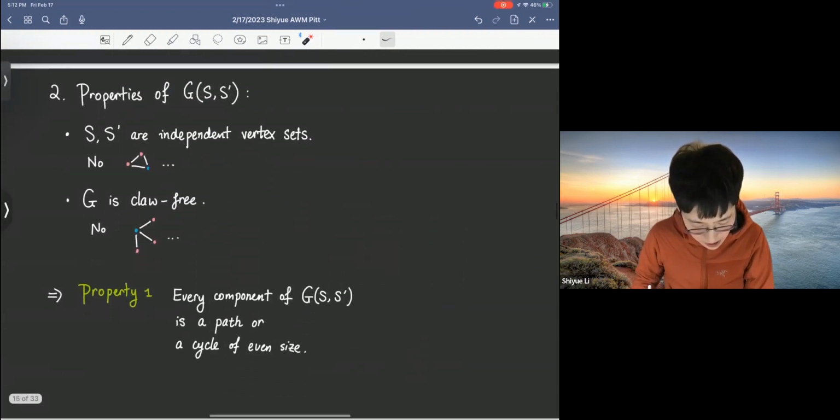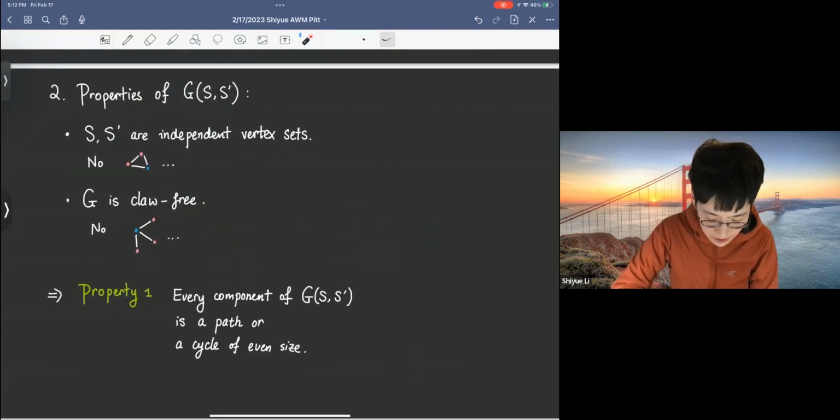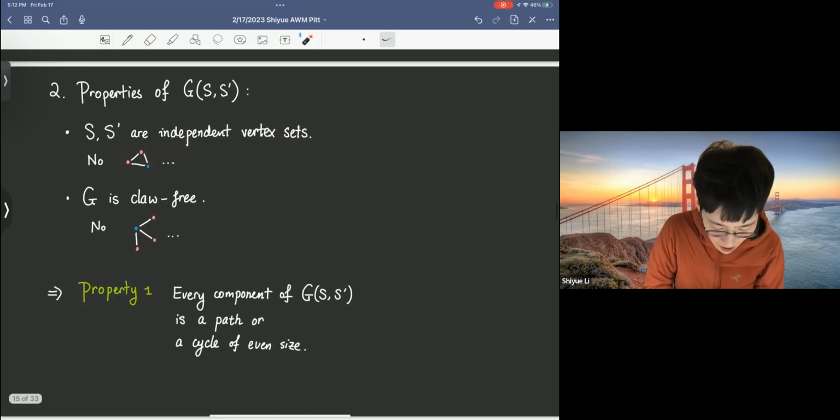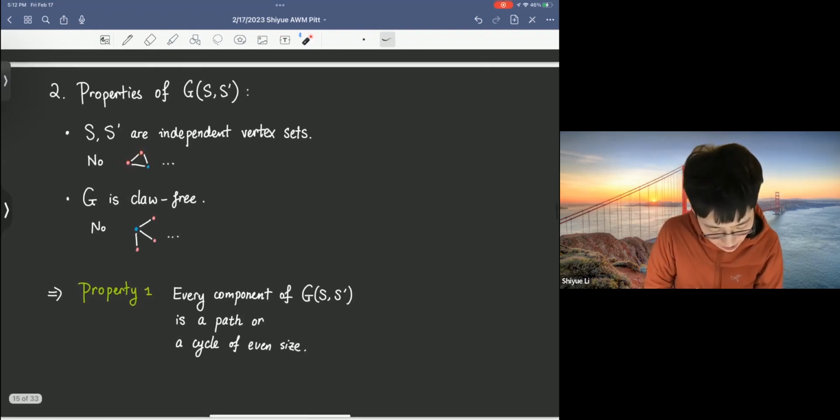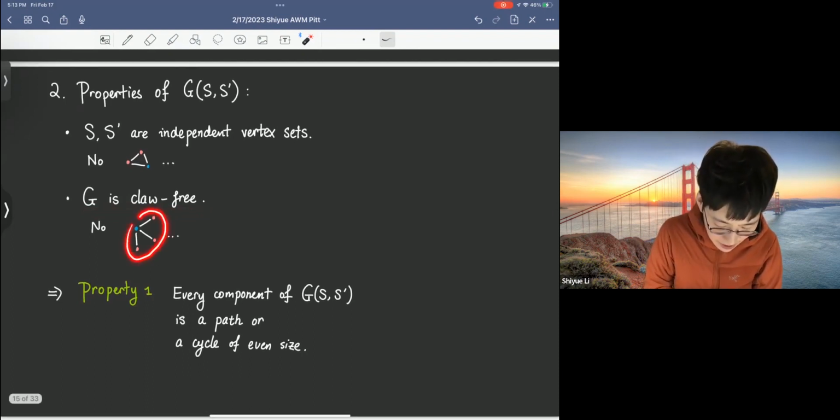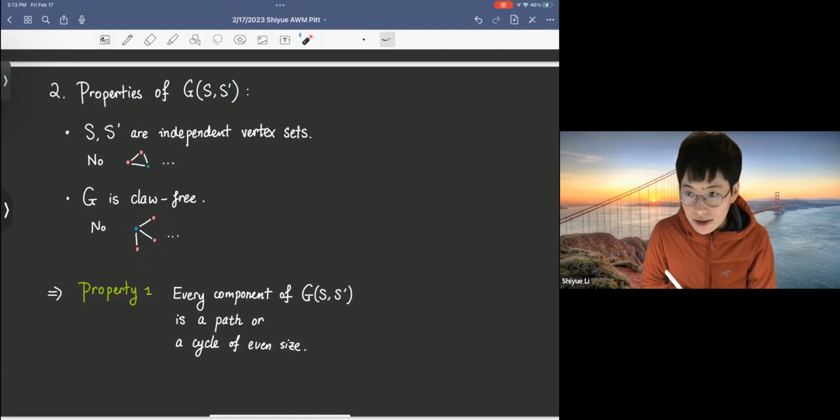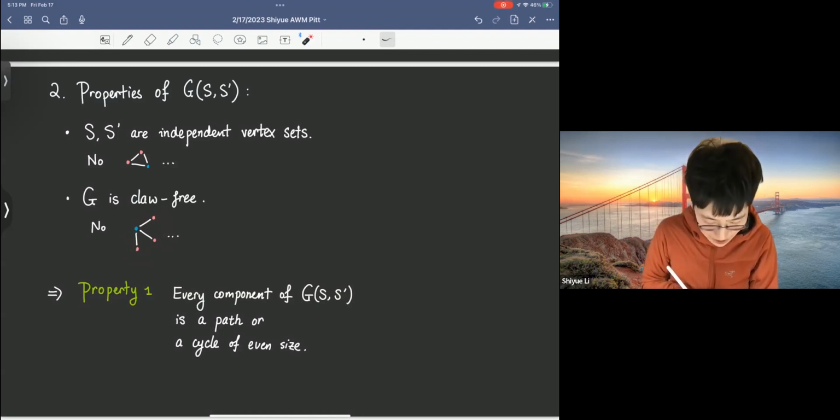Now we study the properties of these graphs. Because the pairs you start with are independent sets, you cannot have these triangles that have two vertices colored the same. And because the graph you start with is claw-free, the induced subgraph that you get at the end cannot have claws like this.